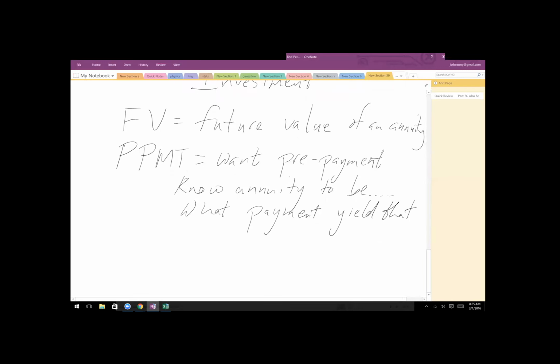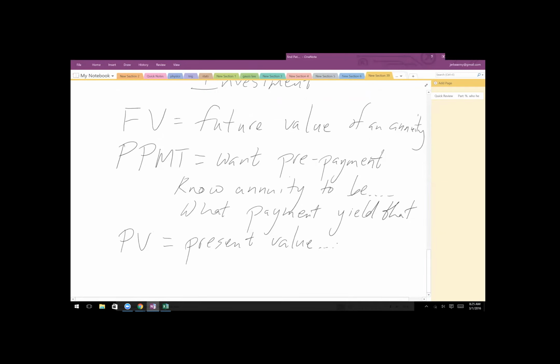I don't think we need present value, but I might be wrong. Well, let me put it down just in case. I don't think we do it in this class. PV is present value. It's kind of hard to describe. Say you win the lottery, and I say, all right, I'll pay you $1 million over the course of the next 15 years.